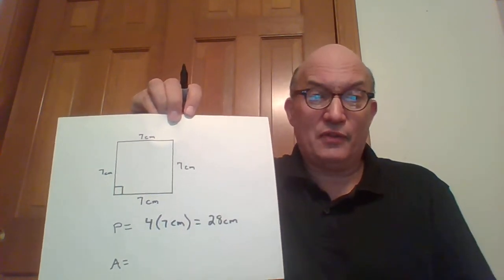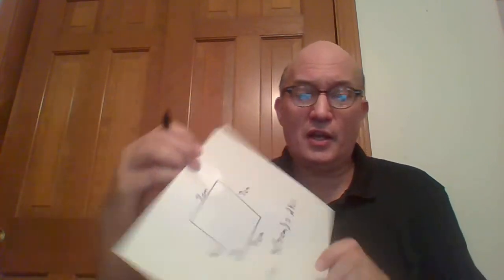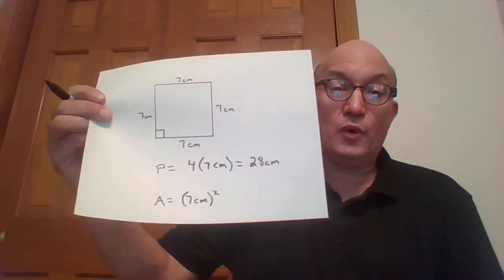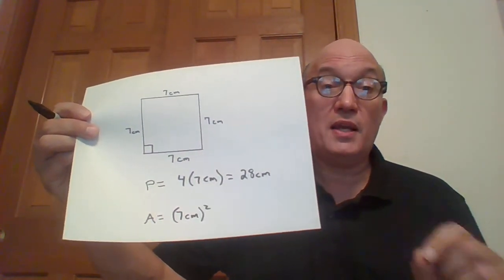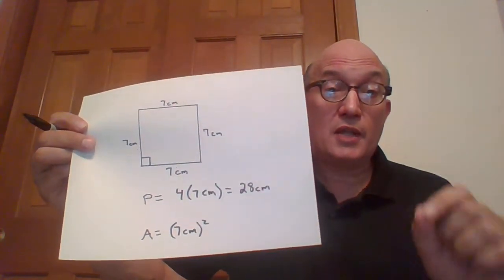Well, the side is 7 centimeters, not just 7, but 7 centimeters. So let's put it into the formula that we just looked at, 7 centimeters squared. Okay, now how can we think of that? What does it mean, 7 centimeters squared? It means 7 centimeters times 7 centimeters. That's what it means to square something.